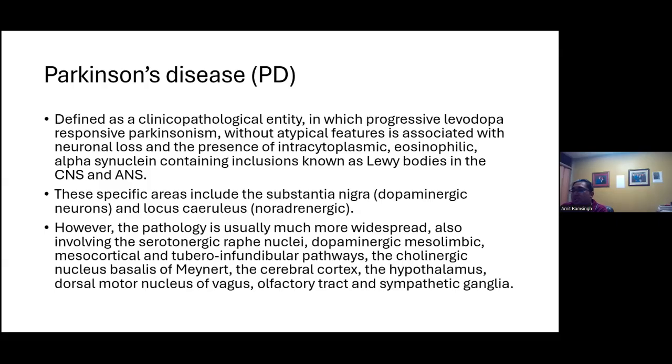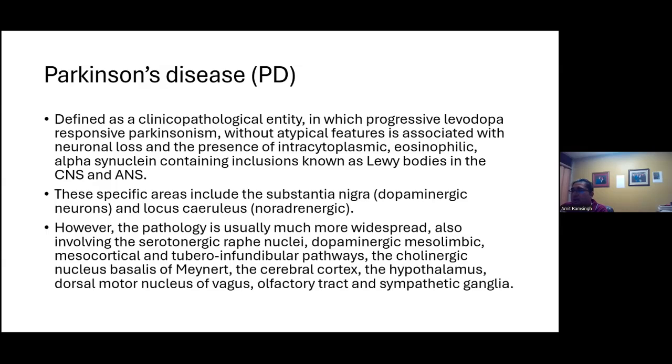The pathology is usually much more widespread and involves the serotonergic raphe nucleus, as well as the mesolimbic pathways and the tuberoinfundibular pathways, as well as the nucleus basalis of Meynert, right? As well as the hypothalamus, olfactory tract, and sympathetic ganglia.